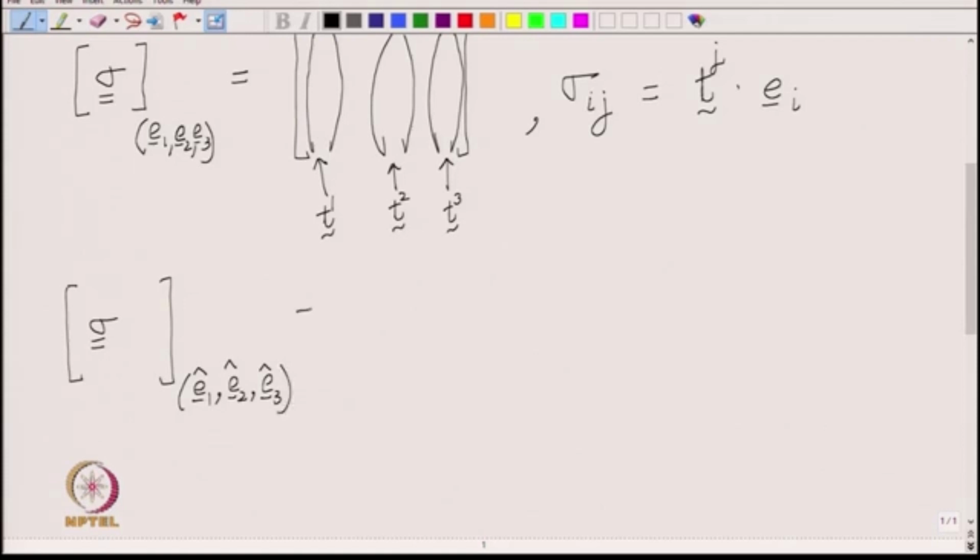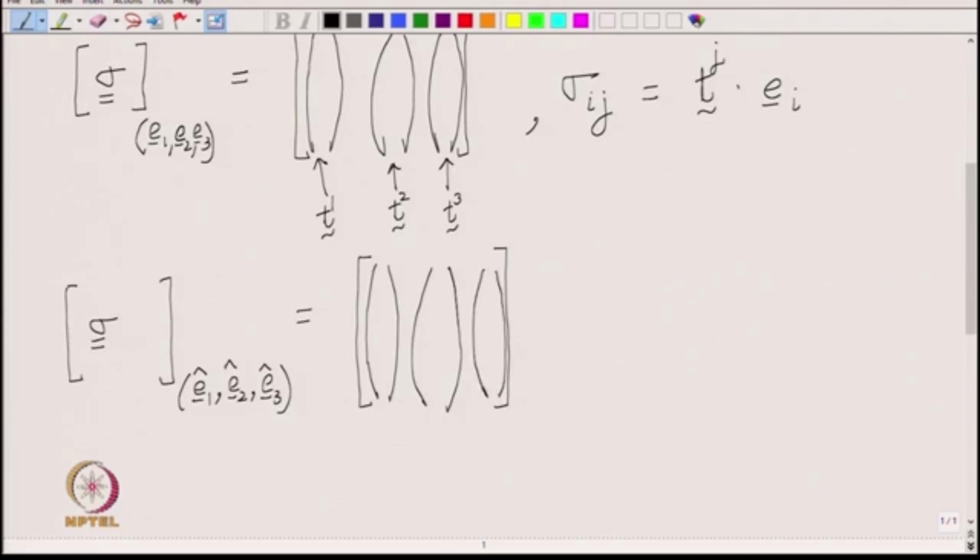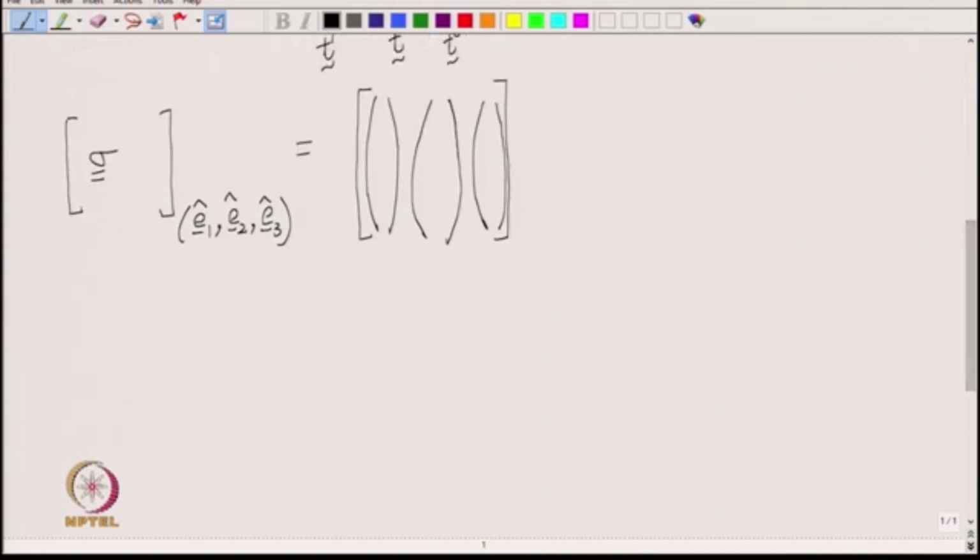Okay. So, that is again by definition we know it is a 3 by 3 matrix, which has 3 columns, and each of these columns are the tractions on planes whose normals are the basis. So, this becomes for example, T1 hat, the traction on the E1 hat plane.